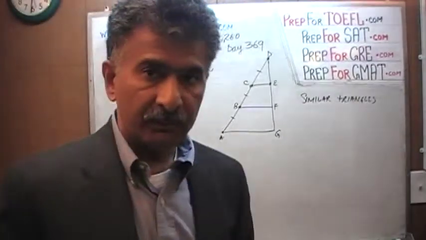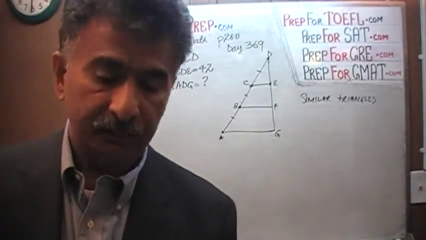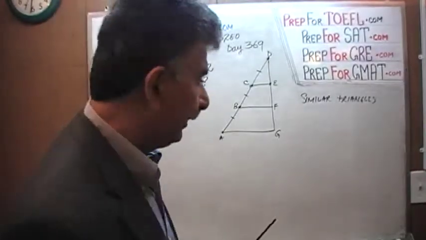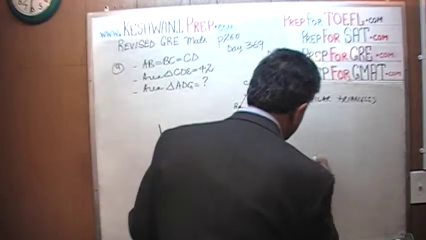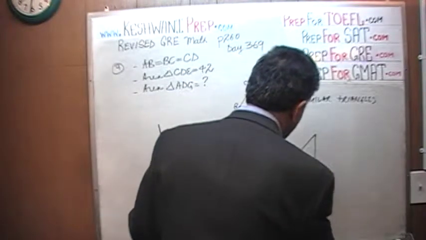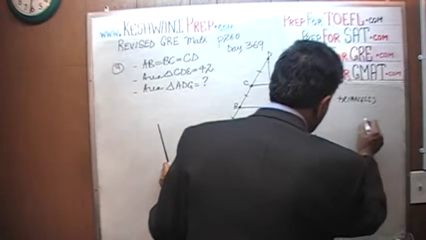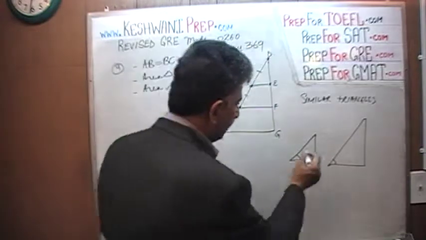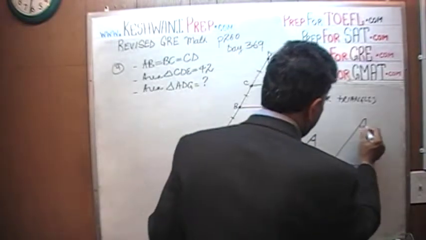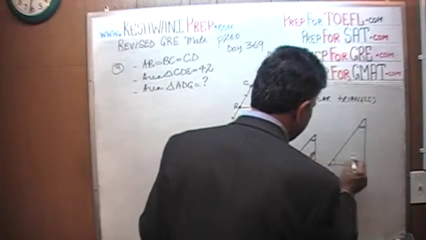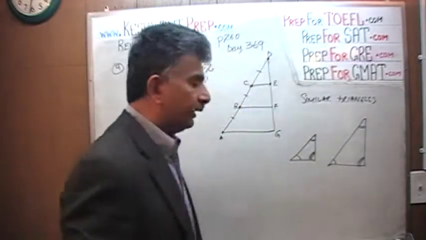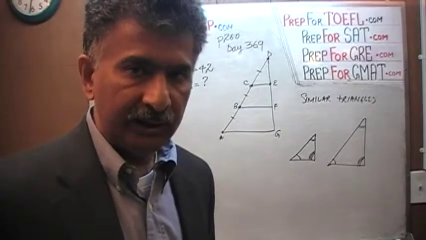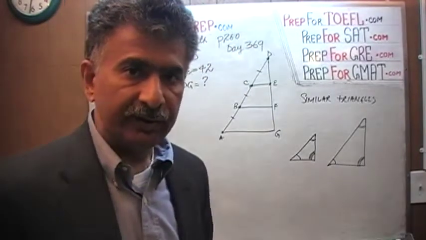This problem deals with the same concept that we dealt with yesterday, the concept of similar triangles. What we learned yesterday was that if we have two triangles, a triangle that looks like this and another triangle that looks like this, and we are told that this angle equals this angle, and this angle also equals that angle, then these two triangles are said to be similar, because all three angles in these two triangles are equal to each other.